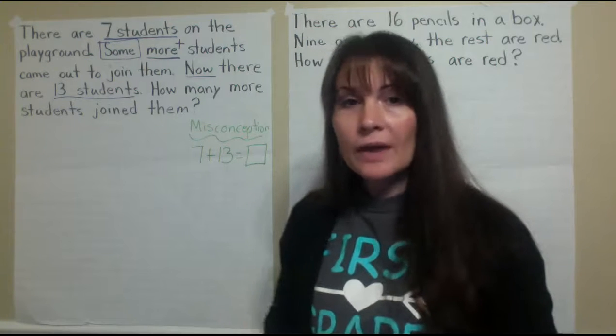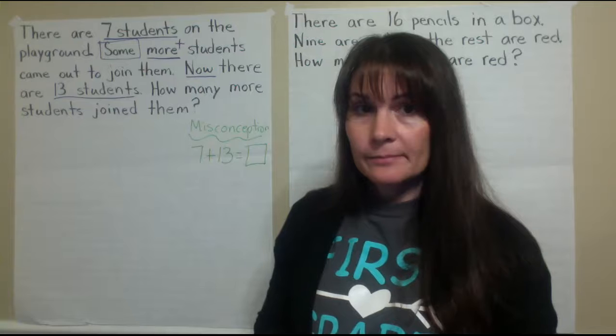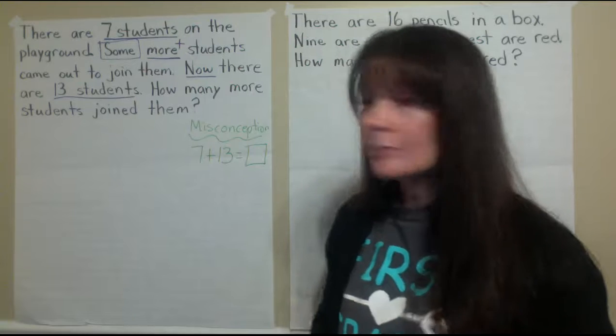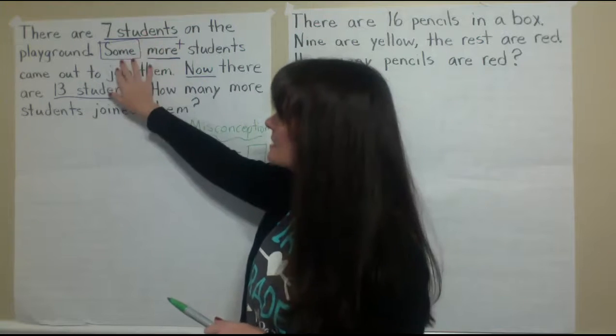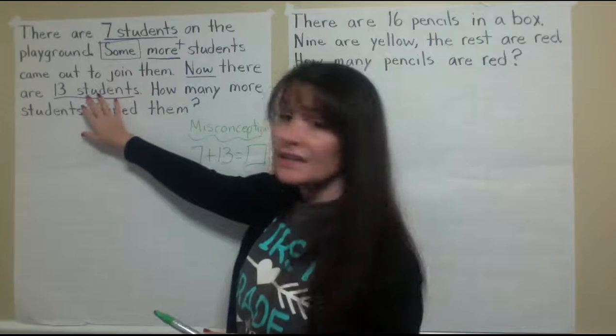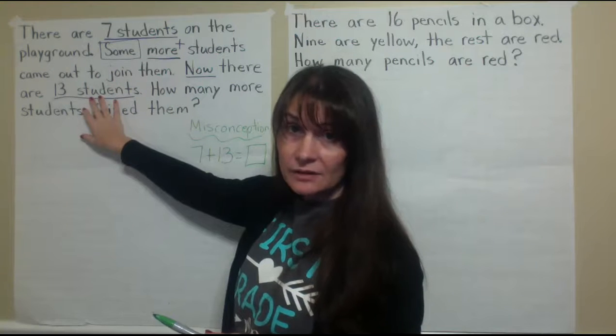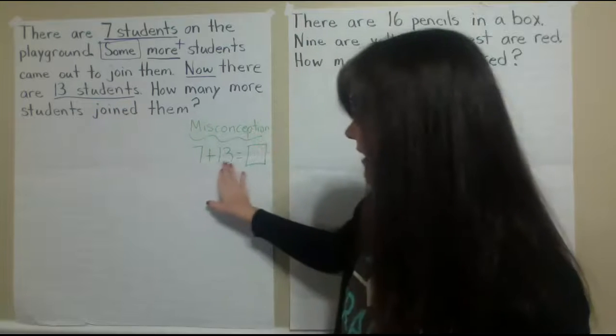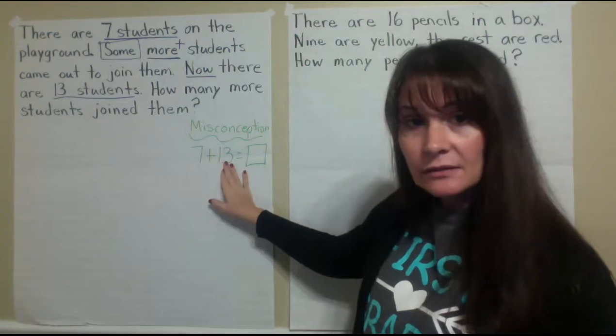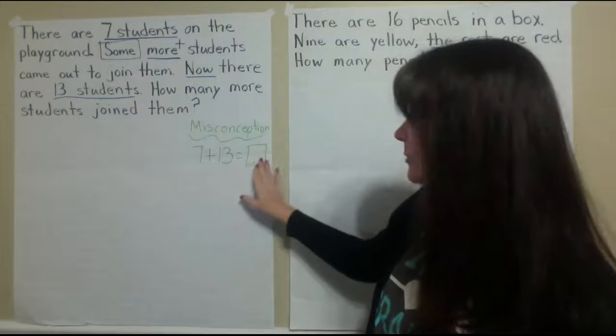Let's think about why that would be a misconception. It said in the problem that there were 7 students. It said some more came, and now there are 13. So if now there are 13, could I have 7 plus 13? Would that tell me how many joined?